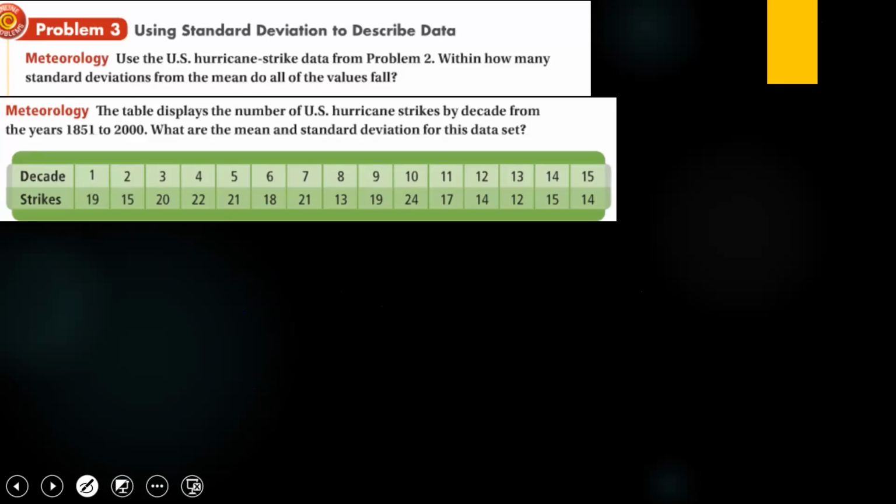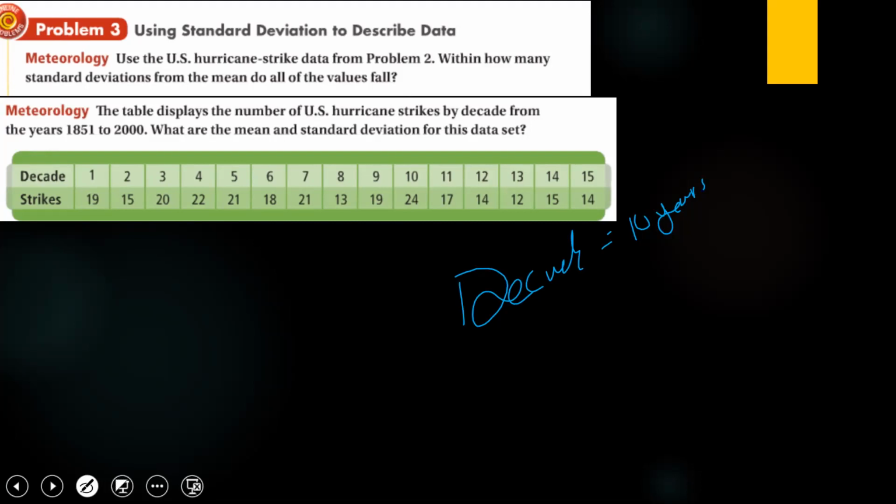Let's now look at the United States hurricane strikes from problem 2. The table displays the number of United States hurricane strikes by decade from the years 1851 to 2000. Every decade, you know that the decade is 10 years, so every 10 years they count how many strikes we have from 1851 to 2000.